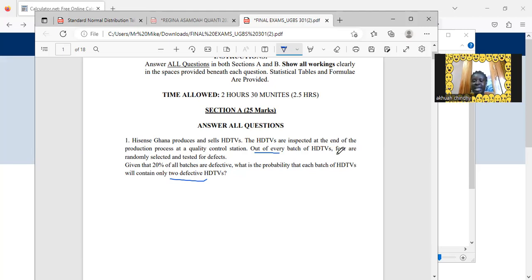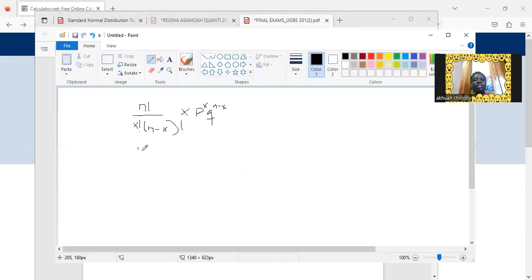So this is telling us that 4 becomes our sample size, because for every batch we pick out only 4 for investigation. So 4 becomes the n in the formula. So here our n is equal to 4.